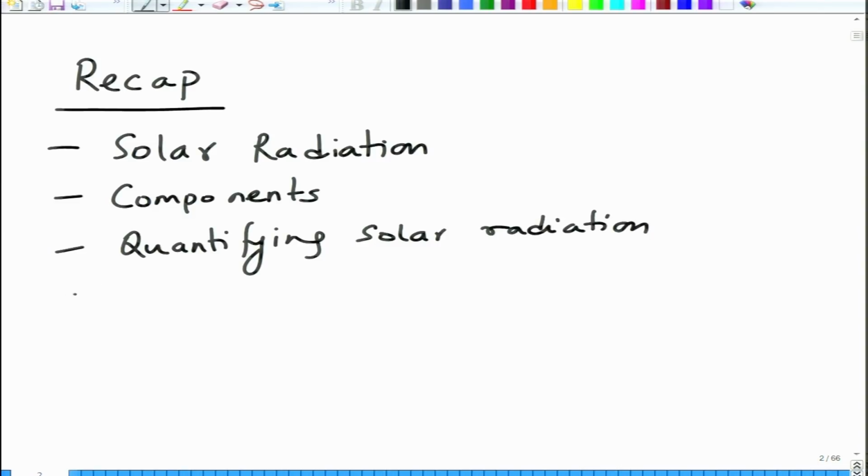And then we looked at for quantification we require geometrical relation. We require first of all the energy that reaches the outside layer of the earth.